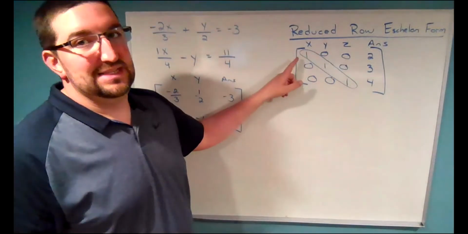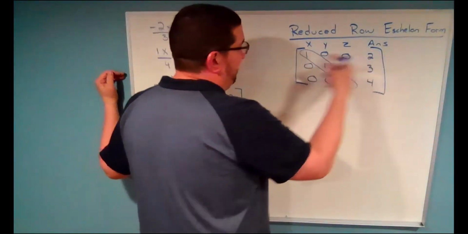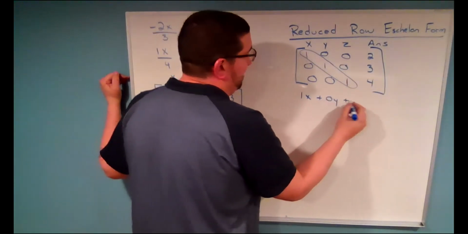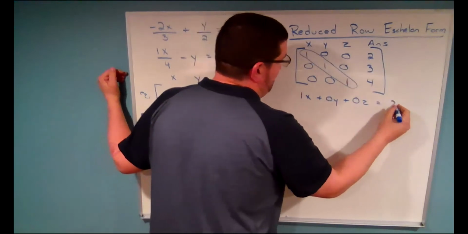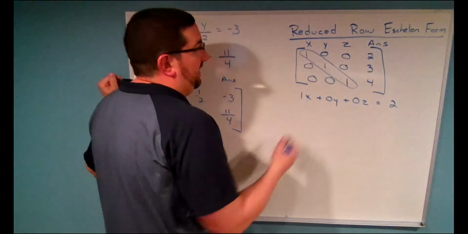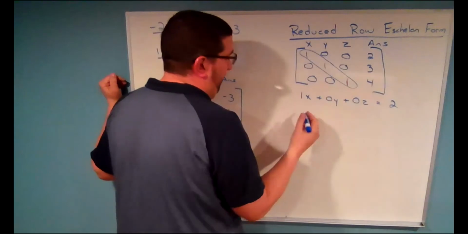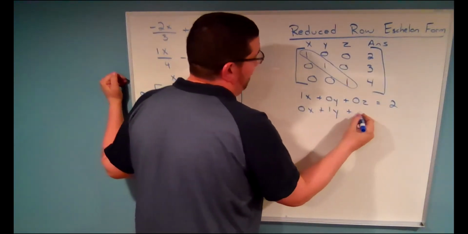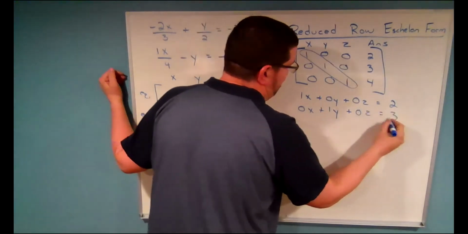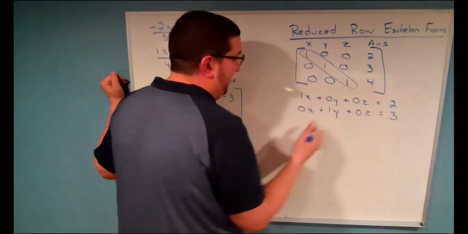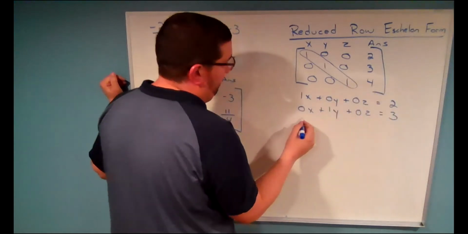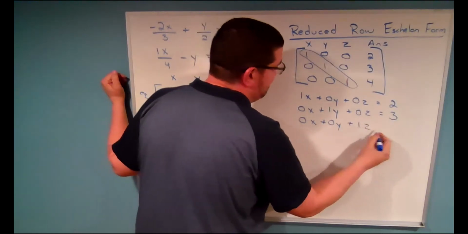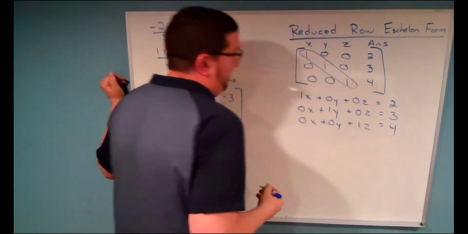If you take a look at this first row, it means 1x plus 0y plus 0z equals 2. The second row represents 0x plus 1y plus 0z equals 3. And the last row represents 0x plus 0y plus 1z equals 4.